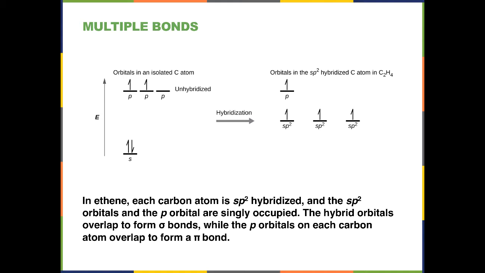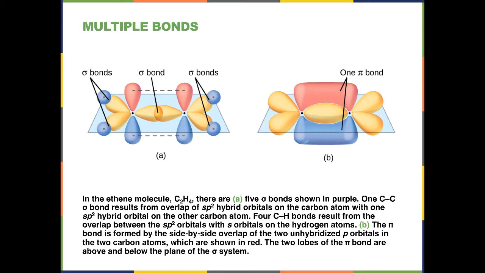So what you have, if you look on the right here, in a double bond situation is you have 3 sp2s, each of which has an electron ready to bond, and then you have a leftover p electron which is also ready to bond, and it's this p electron which forms the pi bond that we talked about before.